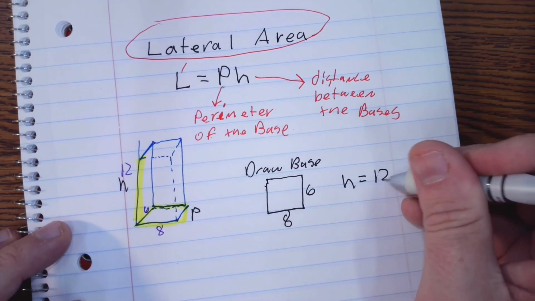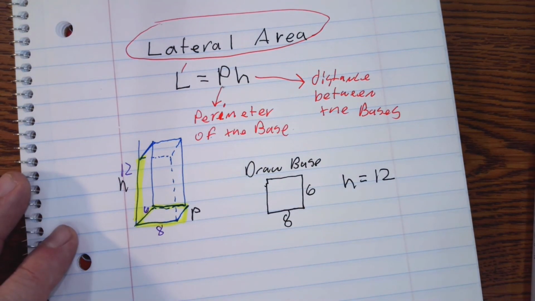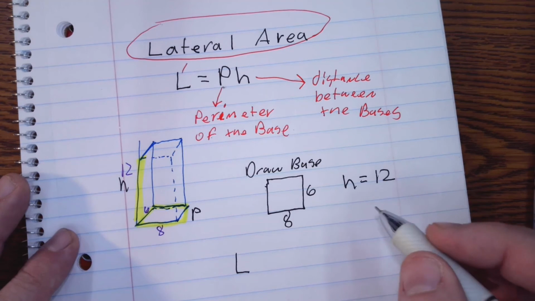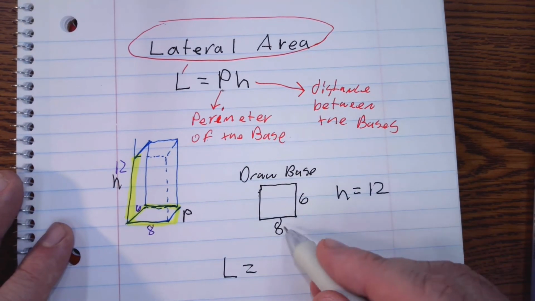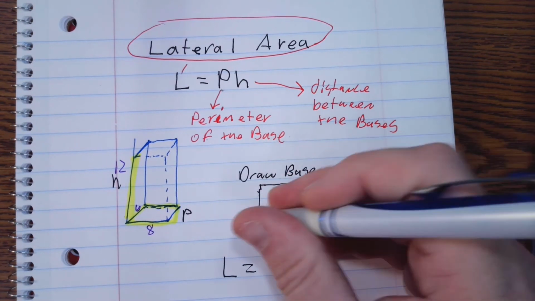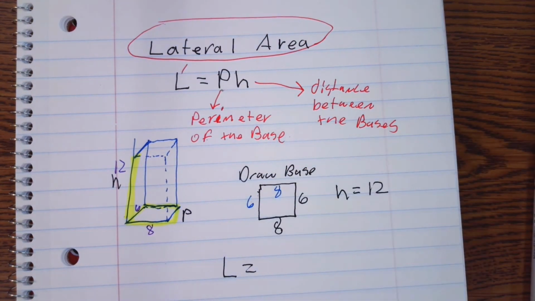Height is 12. Okay, so to use the formula, lateral area equals perimeter. What's the perimeter of this? Well, we know that it's just a rectangle.